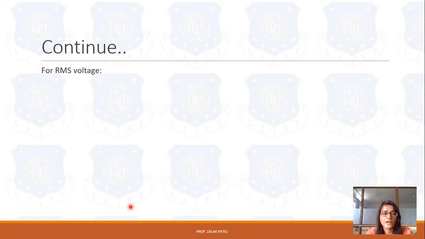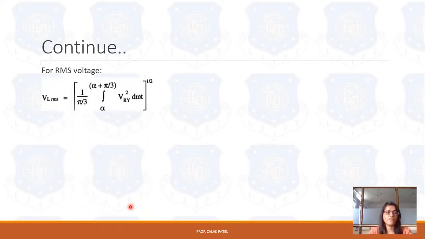Alpha is firing angle. Now for RMS voltage, RMS means root mean square voltage. So for root mean square voltage, we have to apply the equation of 1 upon pi by 3 as it is. Again limit is as it is alpha to alpha plus pi by 3, but here the Vry square can be taken, so Vry square d omega t raised to 1 by 2 for root mean square value.